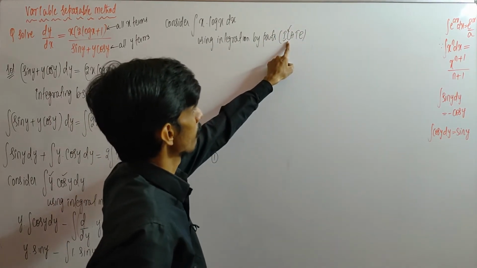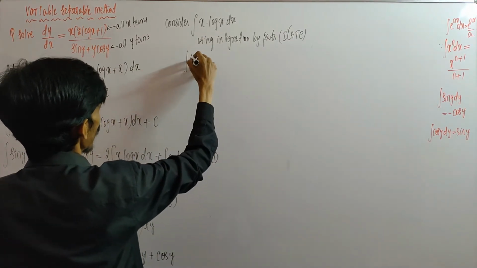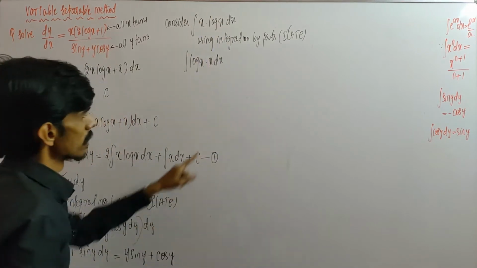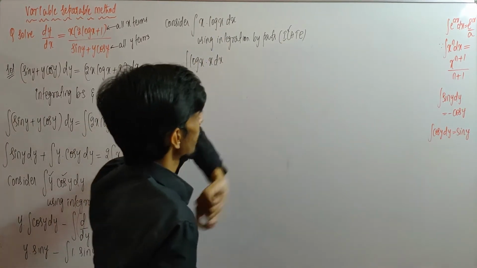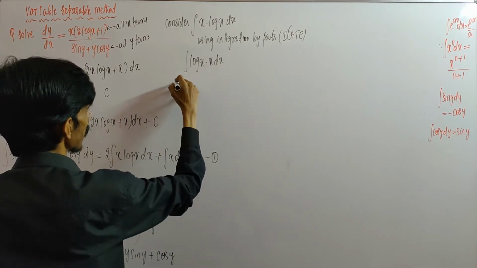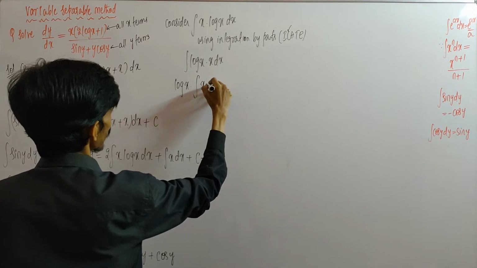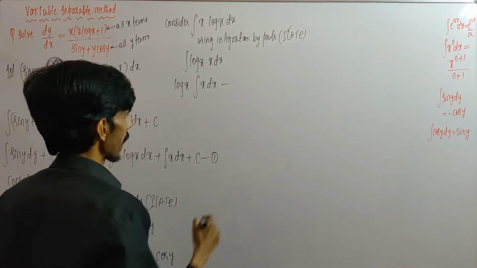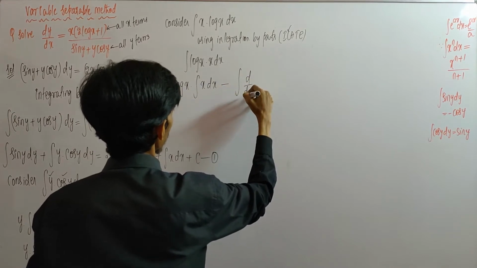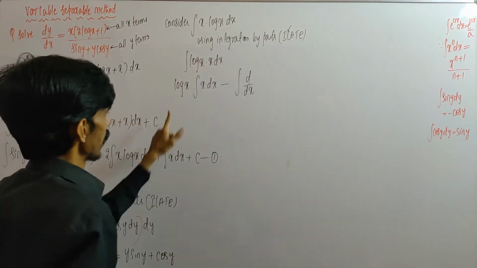The log function will come first before algebraic, so I'll write this as log x into x dx, since the log function comes before algebraic. Now apply integration by parts: leave the first function log x, integrate the second function, put the minus sign, take the big integral, and write down d by dx, since here we have dx.